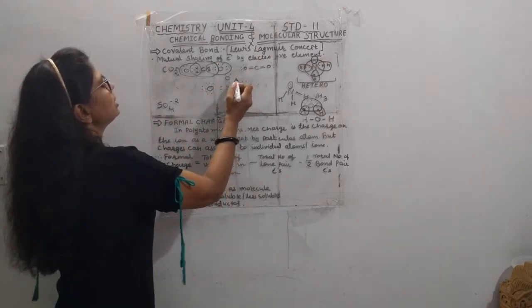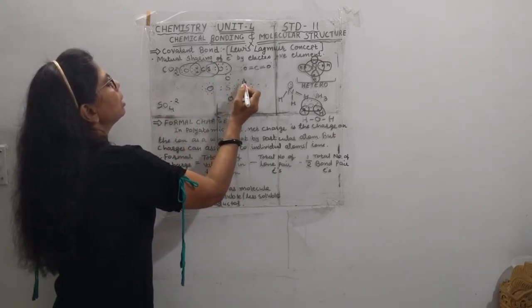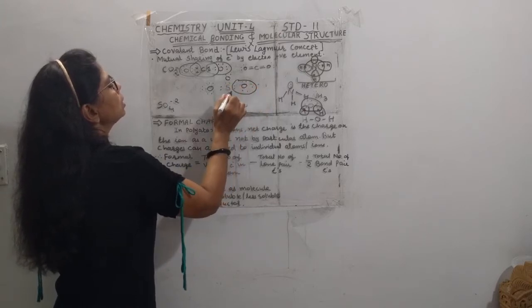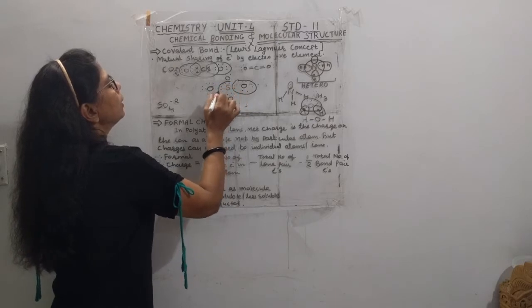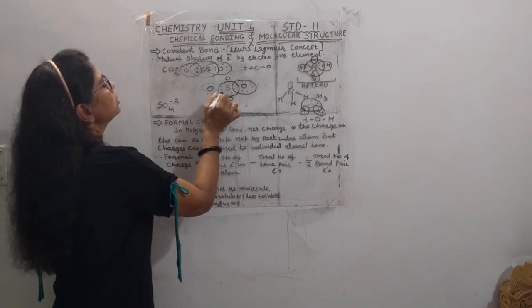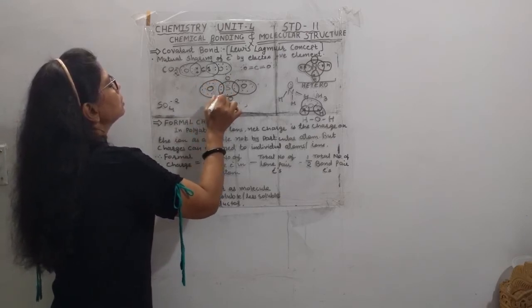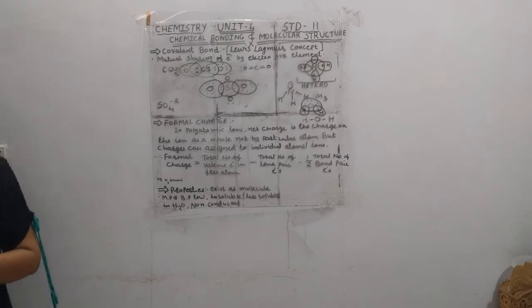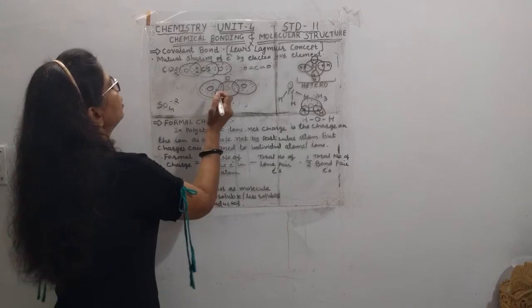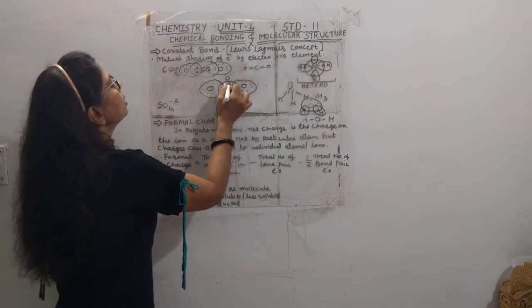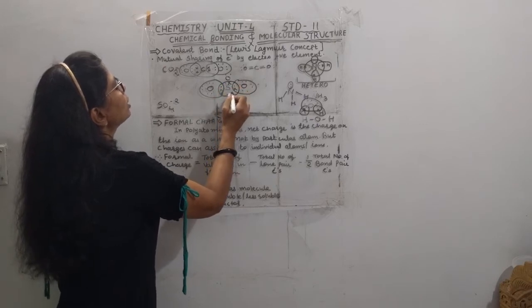So now you can see, student, this is the SO2. Each one is with one electron of sharing. One electron of sharing, student.